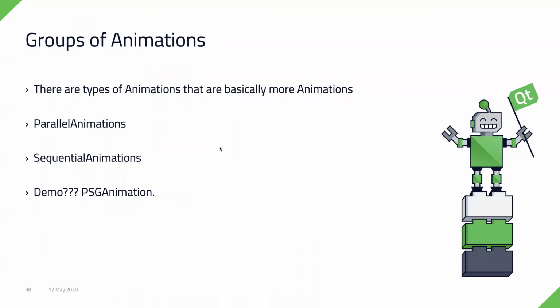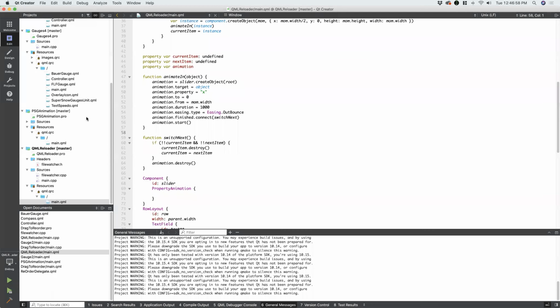Okay, a couple of final notes to go over before we get on to the questions. There are some types of animations that are basically more animations. So in this, we have parallel animations and we have sequential animations, and there should be a demonstration for that too.